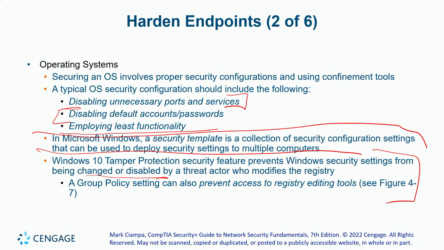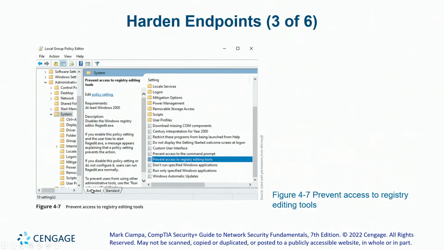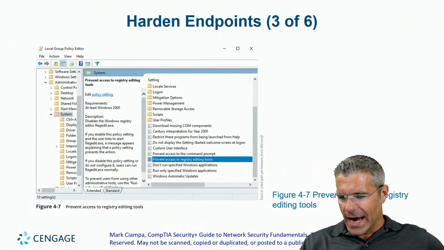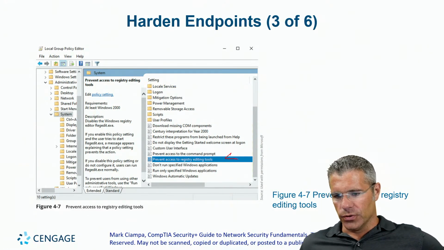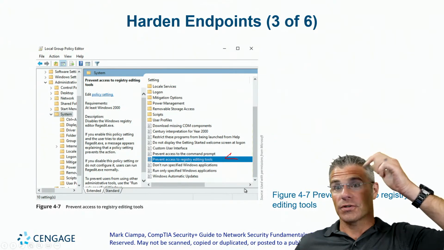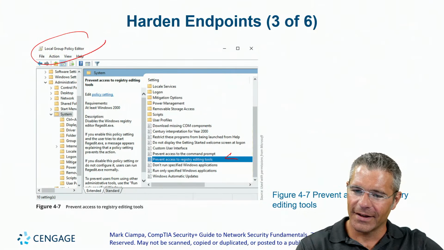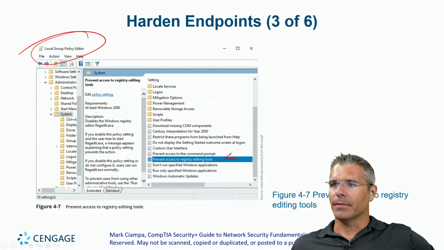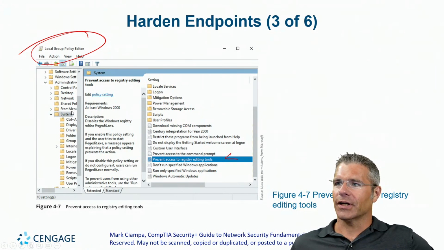This is the local group policy editor in this screenshot, set to not allow users to have access to registry editing tools, which, in a sort of meta analysis, the local group policy editor does have the ability to modify. So you won't be able to run that on there anymore.